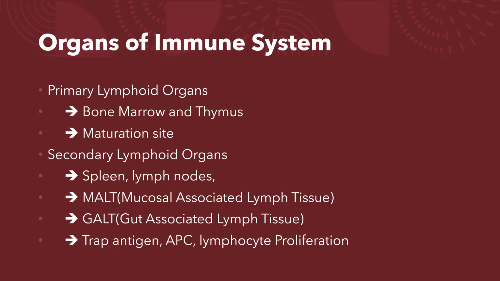Primary lymphoid organs are bone marrow and thymus, which are the maturation sites where B cells and T cells become mature. Secondary lymphoid organs are spleen, lymph nodes, mucosal associated lymph tissue, and gut associated lymph tissue, which trap antigens, antigen presenting cells, lymphocytes, etc.